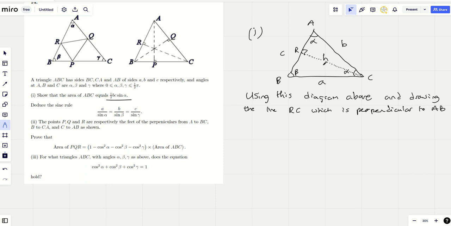It's perfectly okay if you start off on another line, but this is just the standard proof of the sine rule as far as I'm concerned.